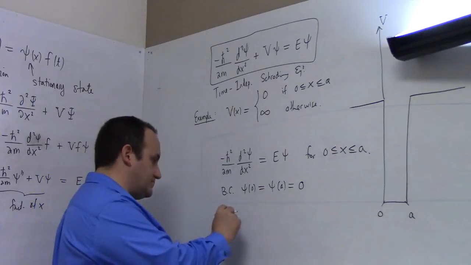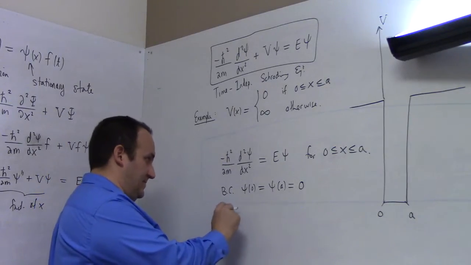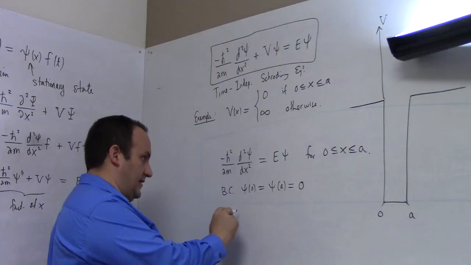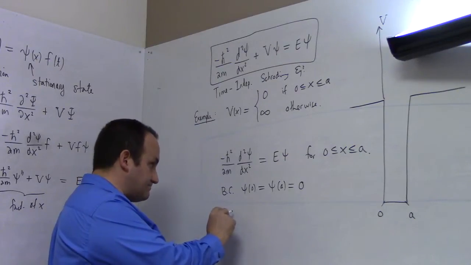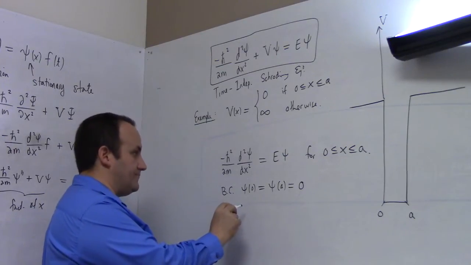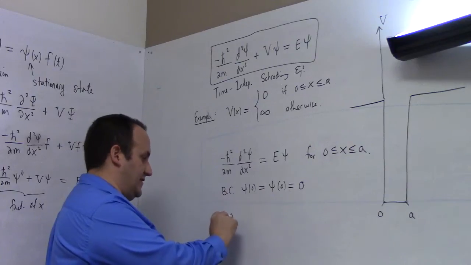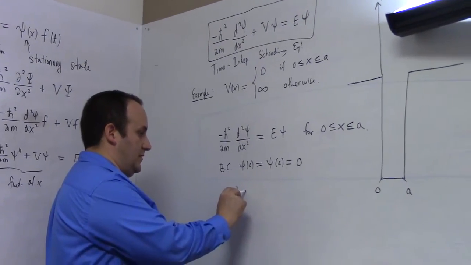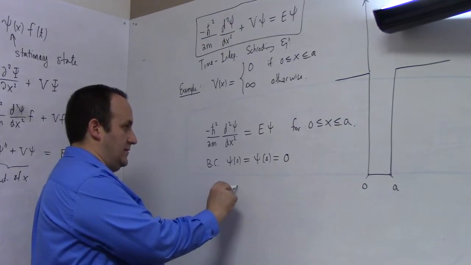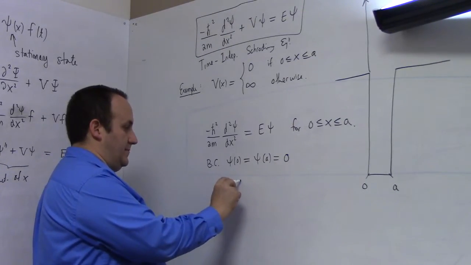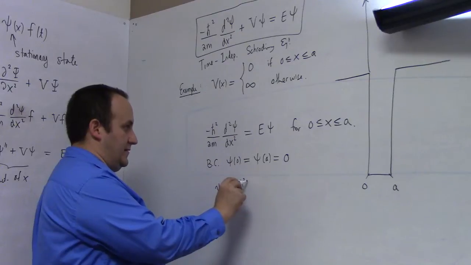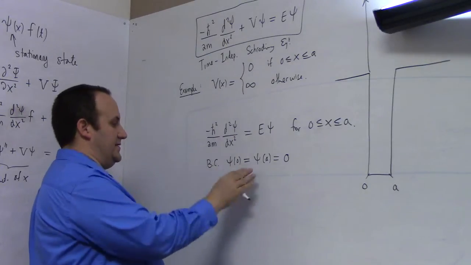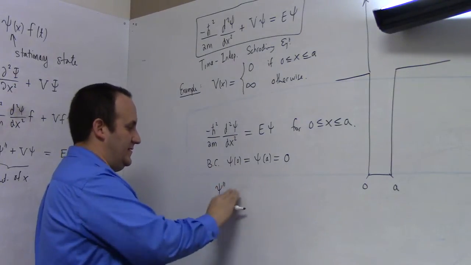Okay, so we've got, let me rewrite it this way. We've got psi prime prime, and I need to multiply this by h bar squared, I'll do a step here.